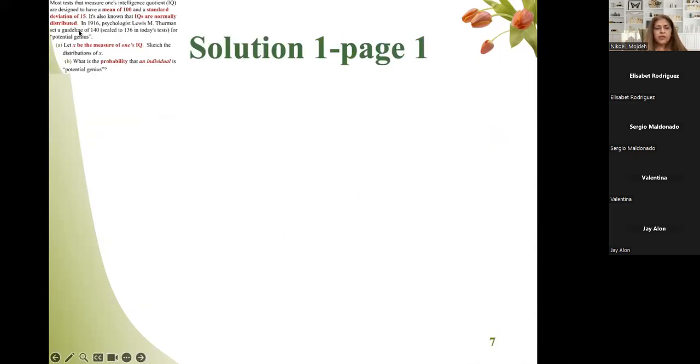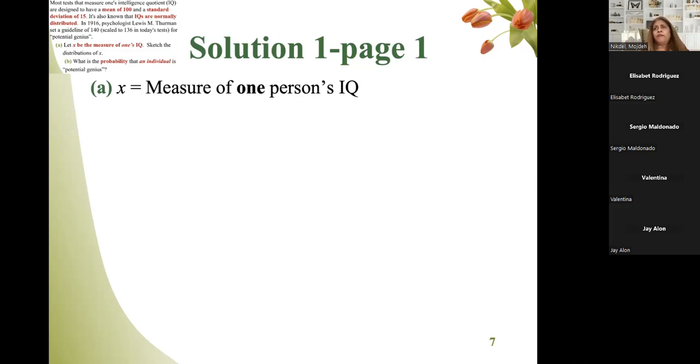Okay, I have the statement of the problem on the upper left-hand side. So I'm defining everything step by step. So X is measure of one person's IQ. The reason that I'm focusing on the word individual, one person, is because in this section, we are finding probability regarding one person or one item. But in the next section, we are finding probability related to a group of people or a group of items.